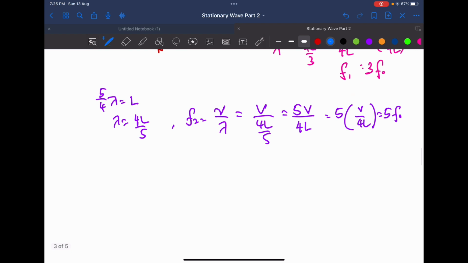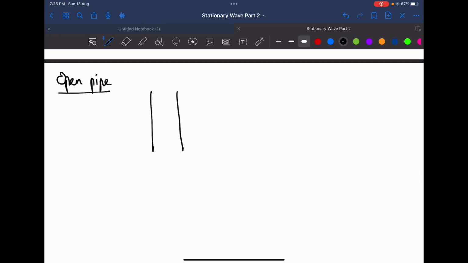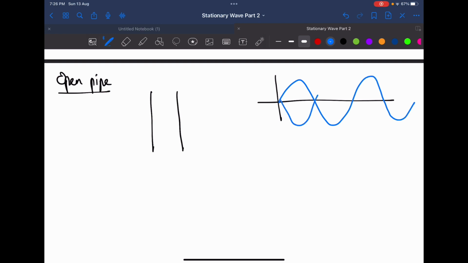Right, let's look at open pipe. Open pipe looks like this. Like what I advised you earlier, draw a stationary wave like this, label the nodes, antinodes, and how the sound is going to be produced is something like this.